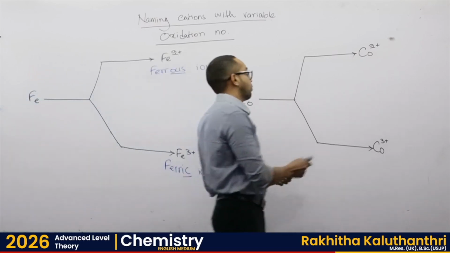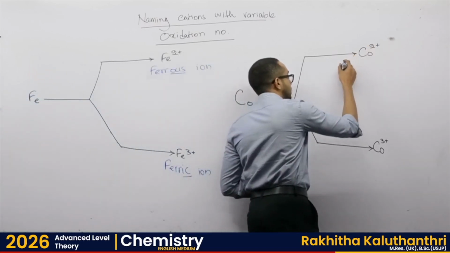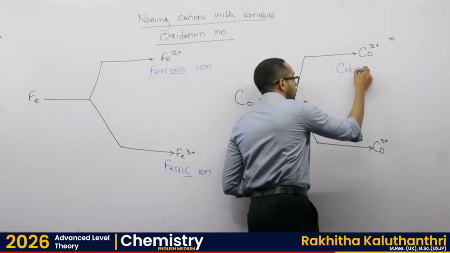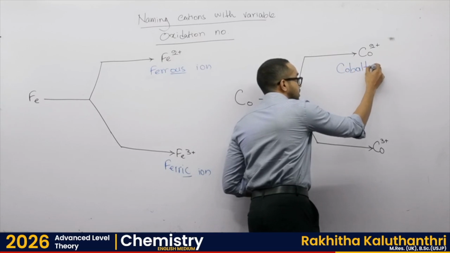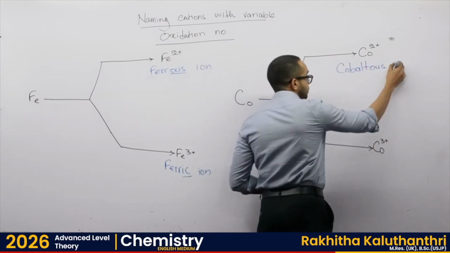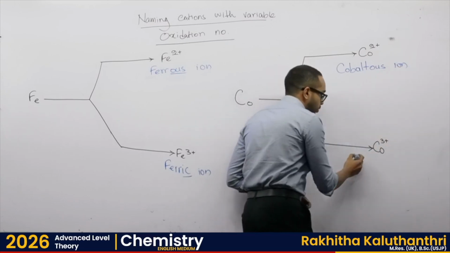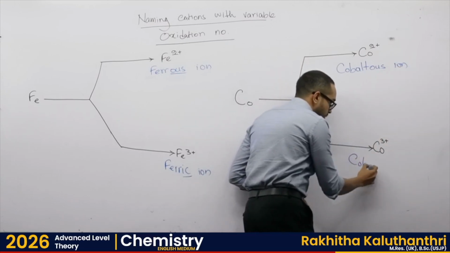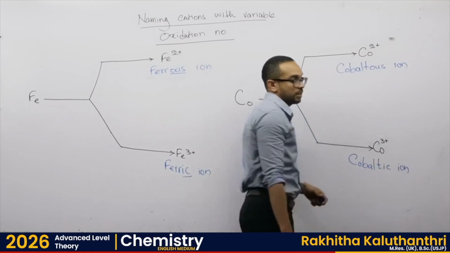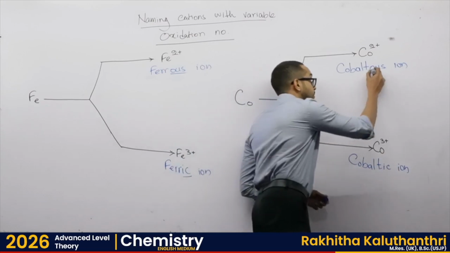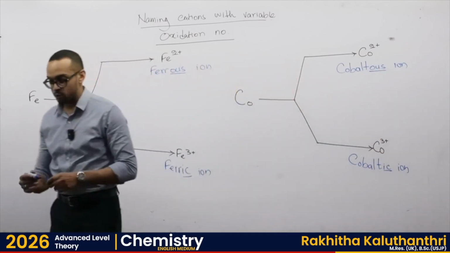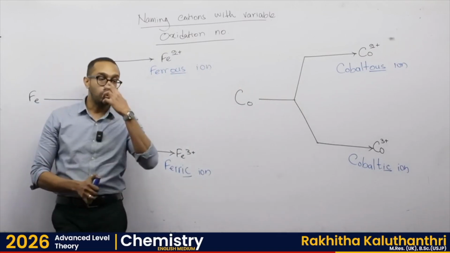Can someone tell me the name of cobalt 2 plus? Cobaltous ion. This one will be what? Cobaltic ion. Cobaltous and cobaltic. Is that clear? So we have many like this.